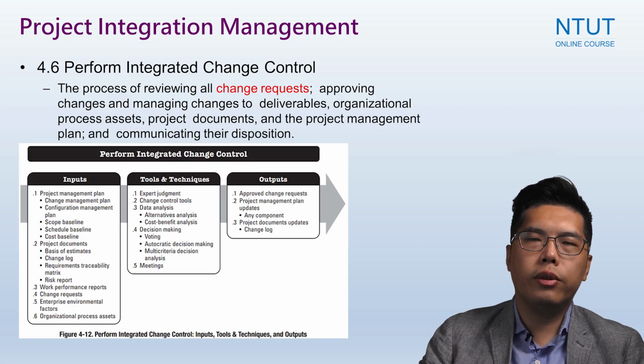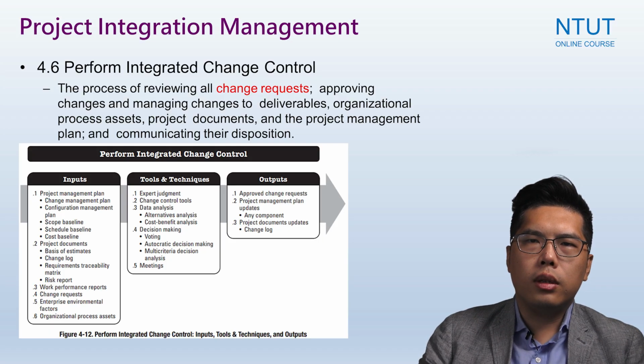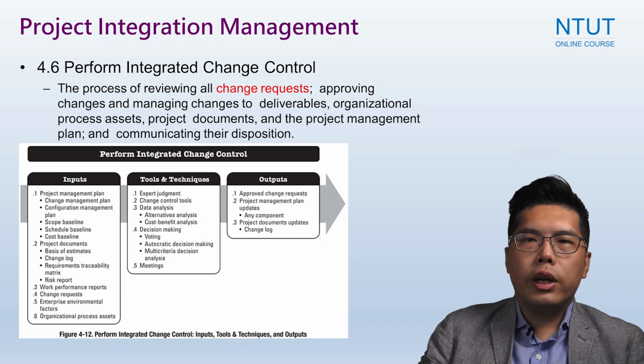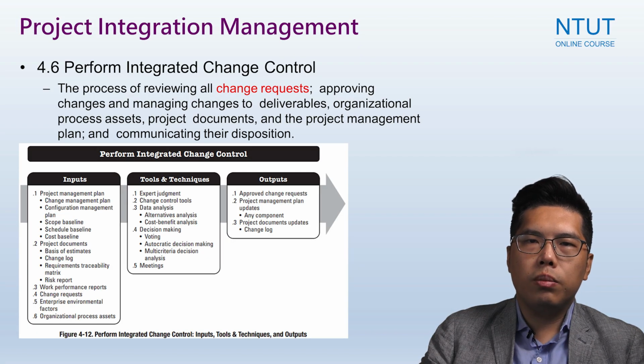That is a very important item in the outputs. So the process can either approve or reject change requests. If they are rejected, they go into the change log. You can see paragraph 4.6.3.3 on the project documents updates. If they are accepted, and only if they are accepted, they are implemented.